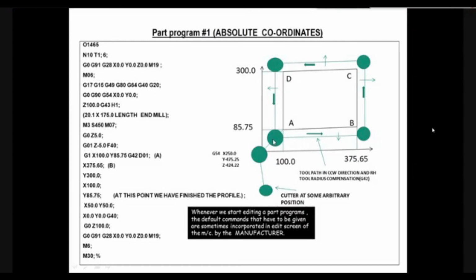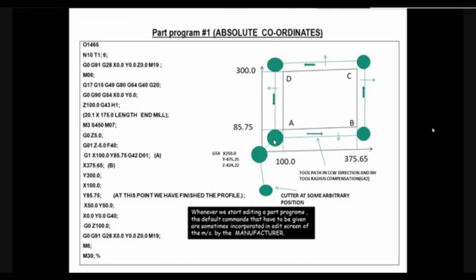X50, Y50 will be lying somewhere here. After coming back to position X50, Y50, the cutter is allowed to travel to workpiece origin X0, Y0 along with a command for cancellation of tool radius compensation, that is G40. Tool radius compensation has been cancelled.